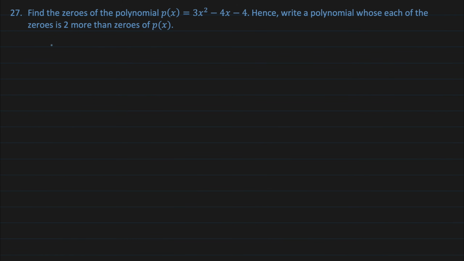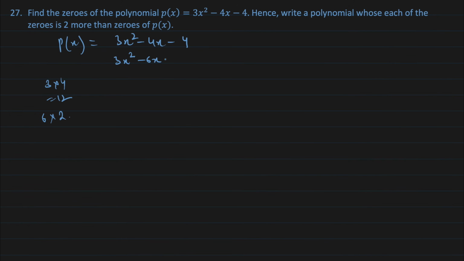So how do we find the zeros of a polynomial? We can middle term split it. You can use quadratic formula, whatever way is easier. It's a very small one, so we can do middle term split. 3 into 4 is 12. Factors of 12, 3 and 4 will not work here. 6 and 2 we can try because 6 minus 2 is 4.